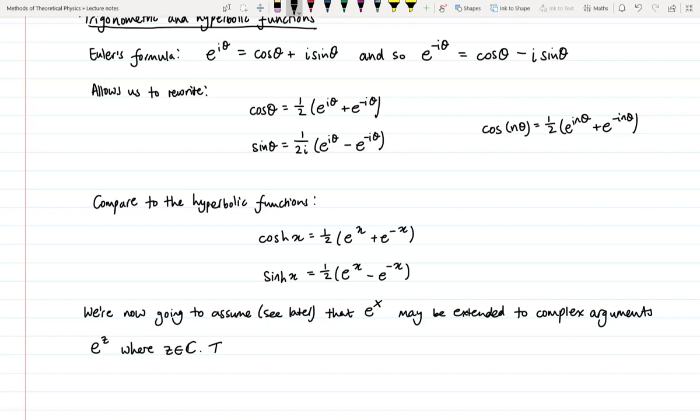It turns out that the expressions above for hyperbolic and trigonometric functions are still valid for complex z.